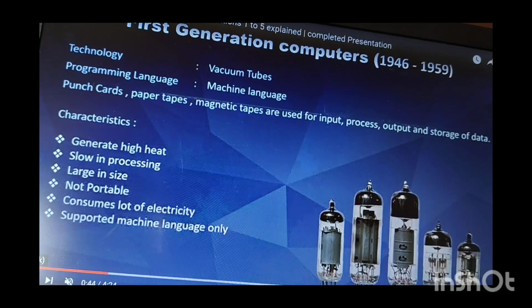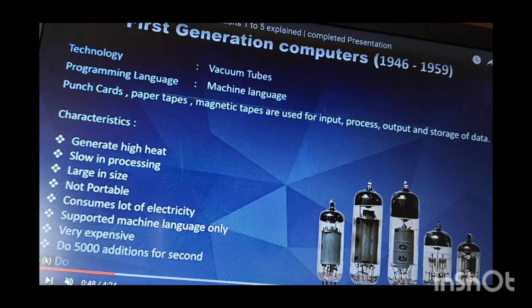It consumed a lot of electricity. It supported only machine languages. We could take a printout as the output also, but these computers were very expensive. They did 5000 additions per second and 350 multiplications per second.